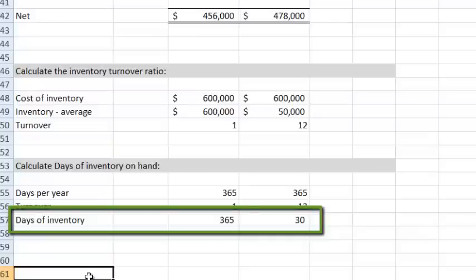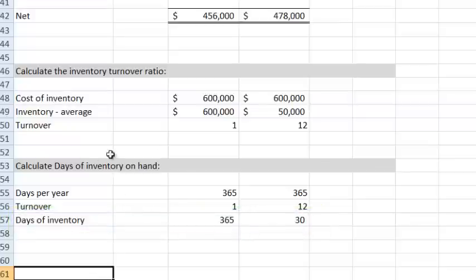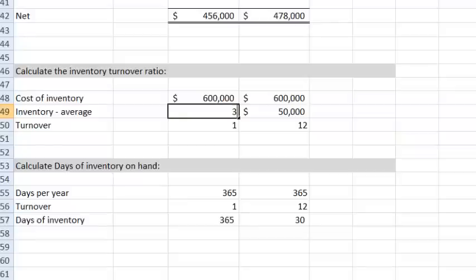Store 1 starts the year off with 365 days of inventory. Store 2 starts the year off with 30 days of inventory. Now, interestingly, if we go back and change our calculation to the average, which is probably the more correct way to do this, so I'm going to put the 25,000 back in for store 2, 300,000 back in for store 1.